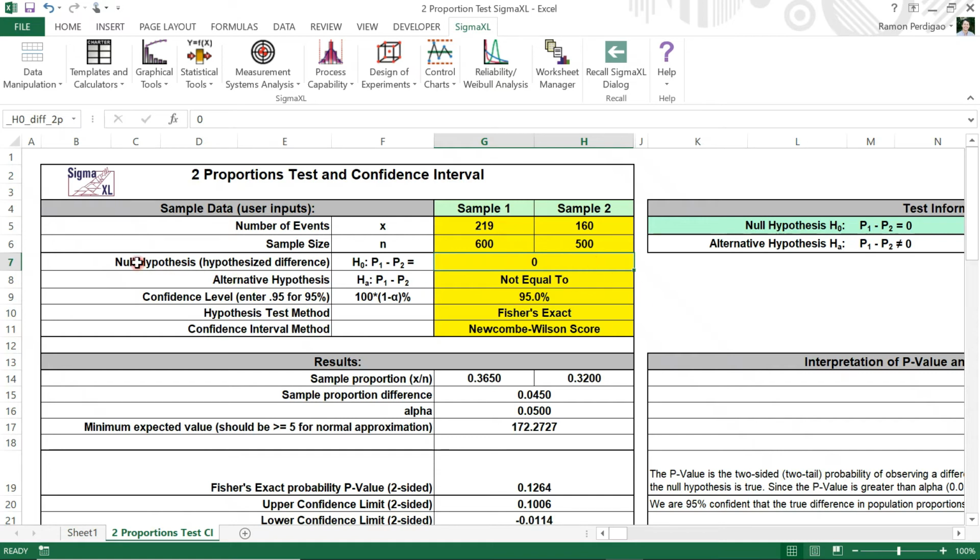The null hypothesis, again, is that there are no differences, and a different way of writing the hypothesis, which is what SigmaXL is doing for us, is that the difference equals 0. So if something minus something else equals 0, it means that there is no difference. There are no changes. There are no news. So the null hypothesis is that the difference between the proportions is 0, and the alternative is that that difference is actually greater than 0.